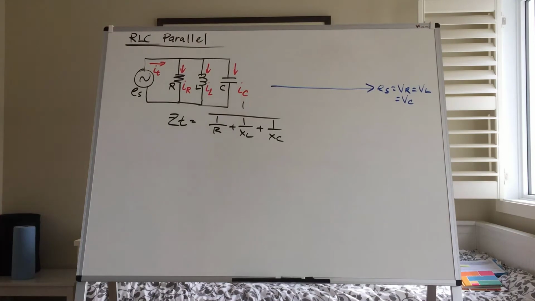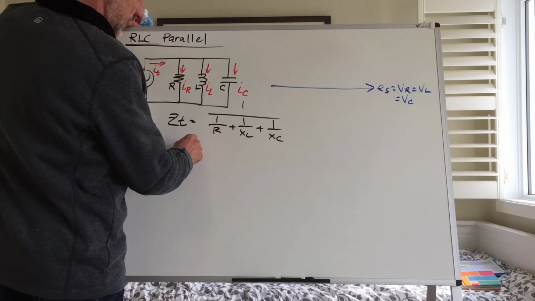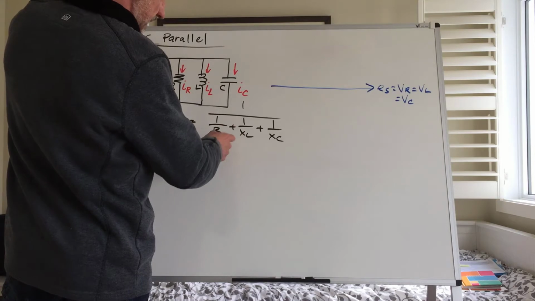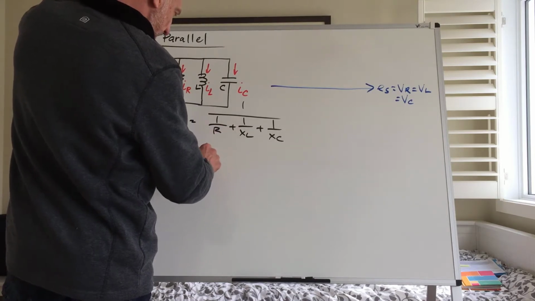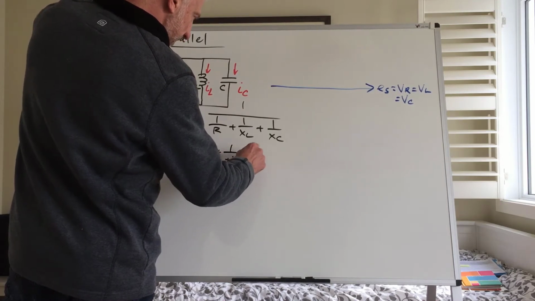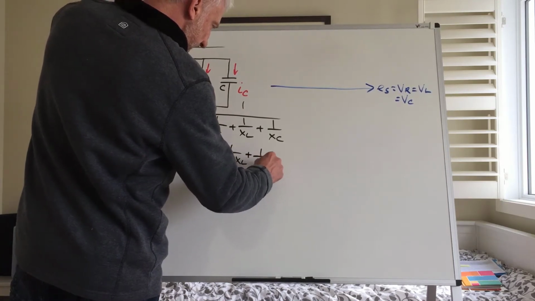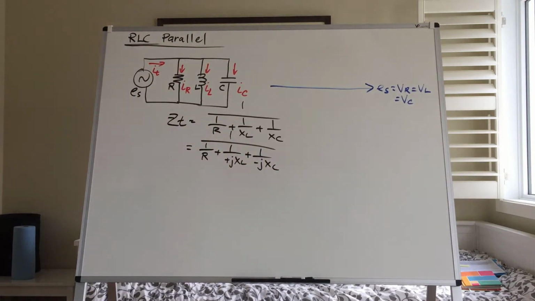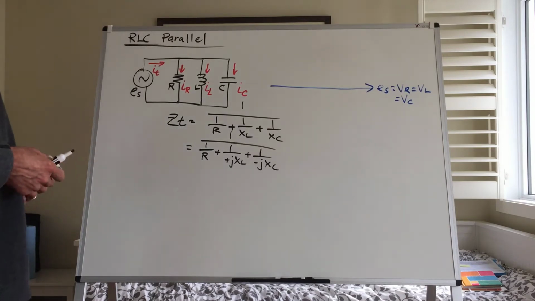We've got to remember that we've got to take into account the angles, the polar values or rectangular values of this. So this would be 1 over, 1 over R plus 1 over plus jXL plus 1 over minus jXC, and you process that in your calculator and you will get the total opposition, or the Z total value. So don't forget that when it comes to parallel, we have to do that.